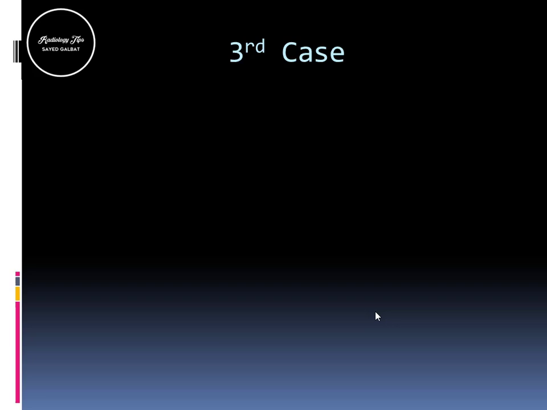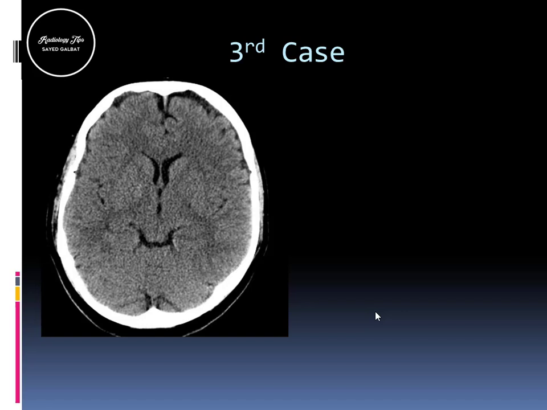Okay, so let's move to the third case scenario. Just listen carefully to the history of this patient. This patient presented with neurological symptoms like right-sided hemiplegia, and presented to a hospital a few days back, and they did a CT for this patient and said, okay, you might have an infarction.